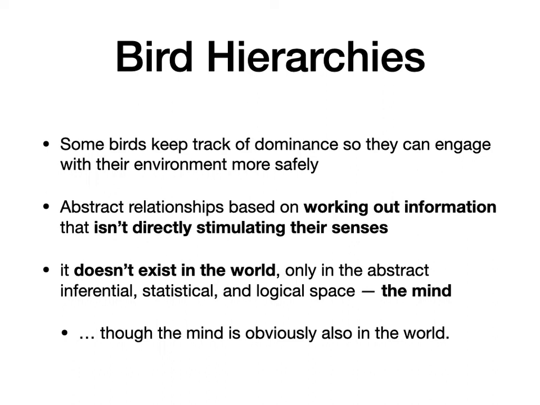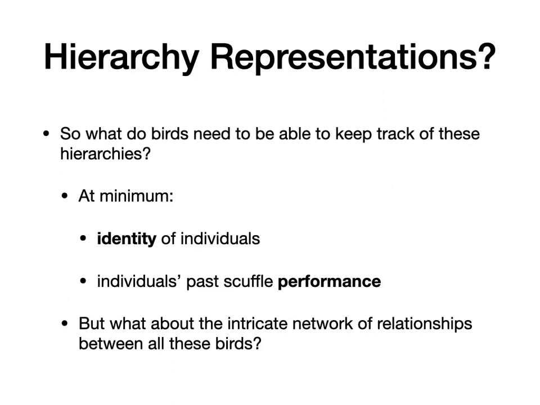Though the mind is obviously also in the world, right? But the question is, if this is something that we're capable of doing, or birds at least often show proclivities toward, then what are the representations we would need to be able to do these operations, right? What do birds need to be able to keep track of these hierarchies?